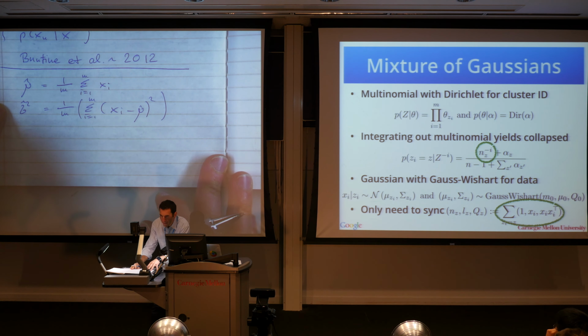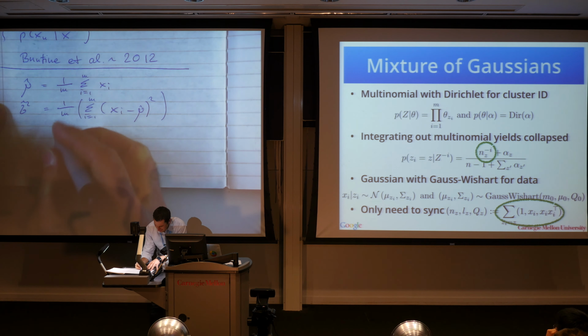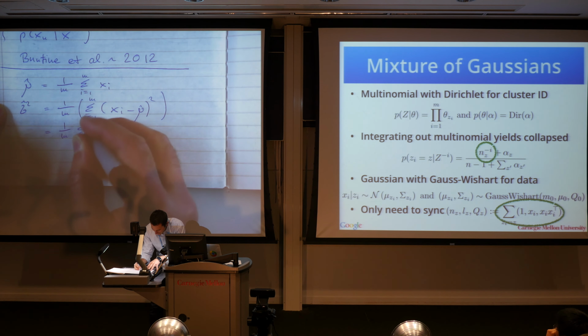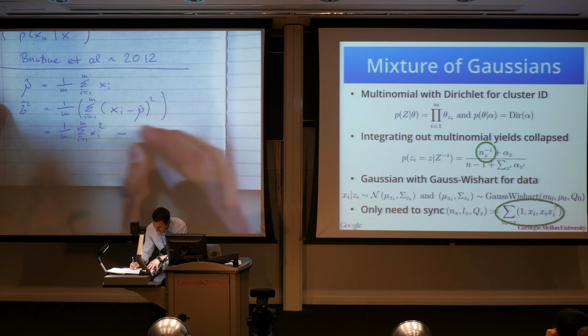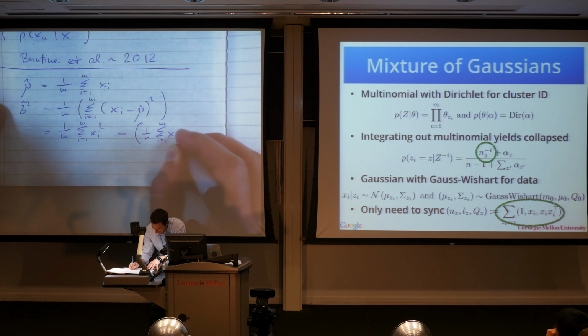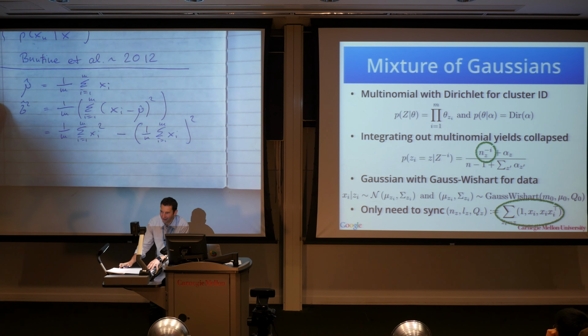Right? Now, we also know that we can write this out as 1 over m sum over i equals 1 to m of xi squared minus mu squared.